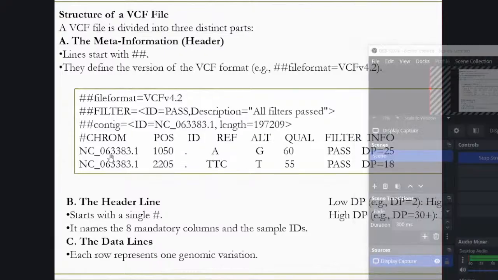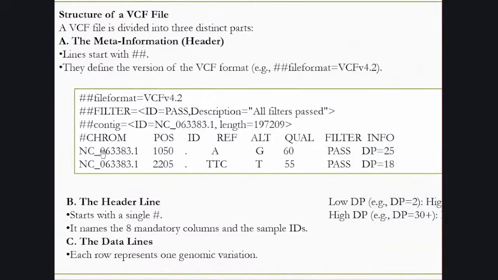This is the reference ID. This is the position where the changes have occurred from the reference genome. This is the reference nucleotide. So in the reference genome at this position there is a nucleotide A which has altered to G in your current data.